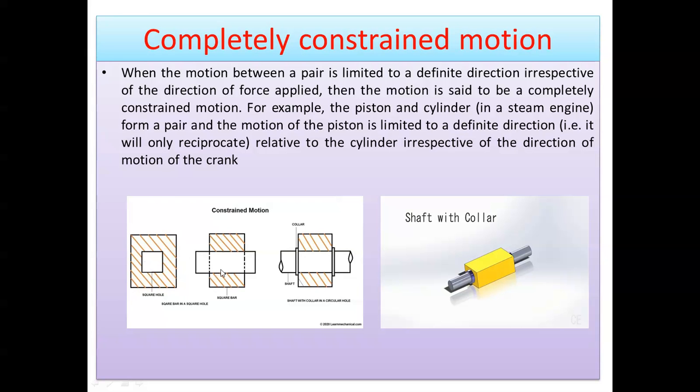Similarly, for example, a piston and cylinder assembly. Again, here the piston reciprocates with respect to the cylinder, in a definite limited direction. So we can say that it is completely constrained motion.